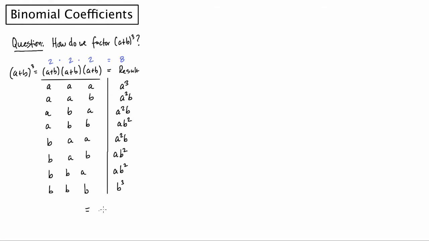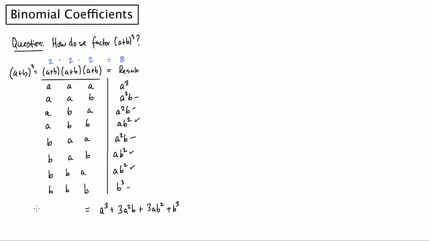And so the result is that we end up with an addition of all of these. If you look, you have 1 a cubed, you have 1, 2, 3 a squared b's, you have 3 a b squareds, and you have the 1 b cubed.